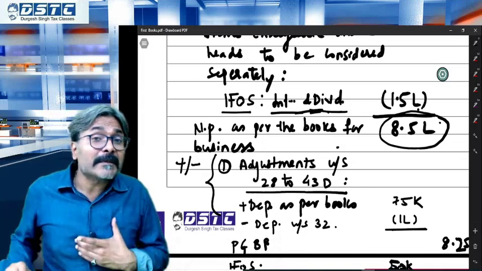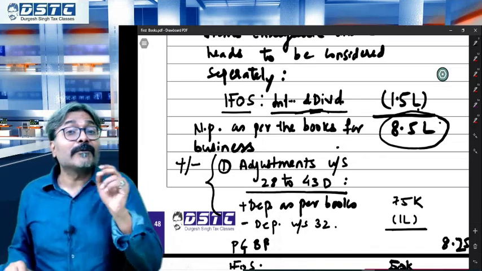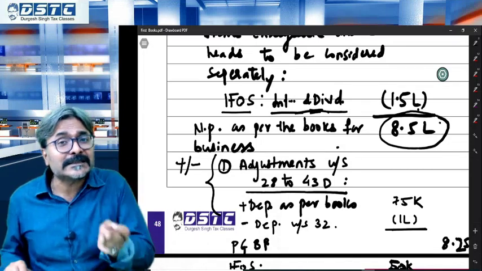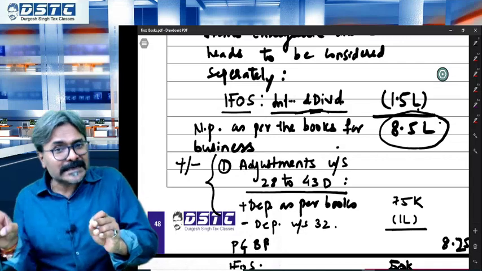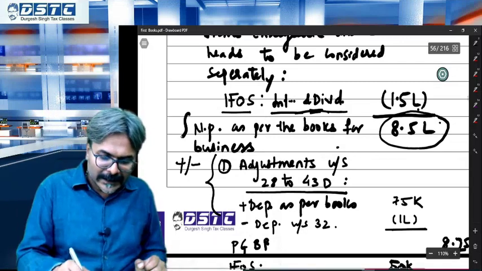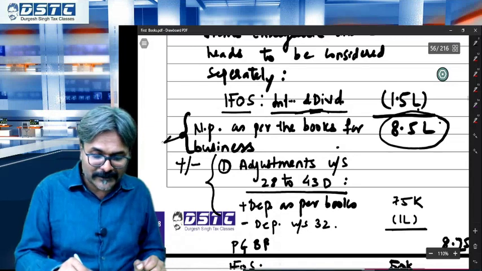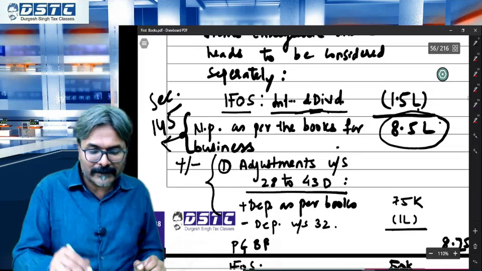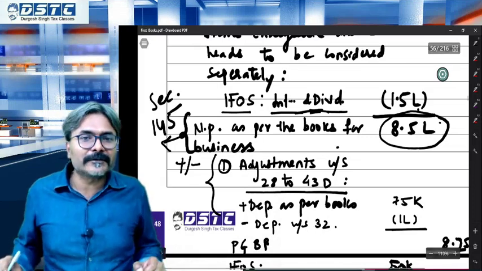From where did we get this mandate to pick up the net profit as per the books as my base value? This mandate has been given to me by section 145. And what does section 145 say?